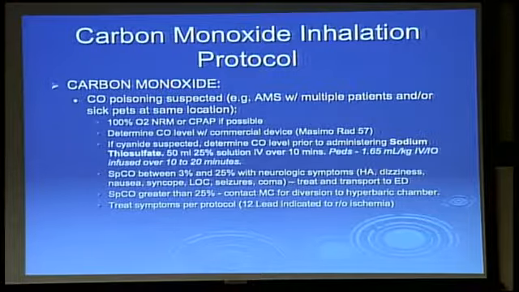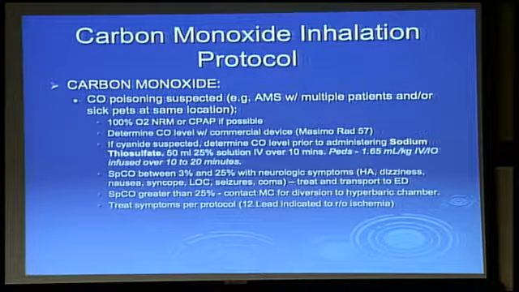If there's, for example, a house fire with suspicion of cyanide, you want to get the CO level before you give the sodium thiosulfate. And then depending on the level of CO, that will give you some indication as to where you need to go. So any kind of neurologic symptoms, you're going to go to the emergency department.